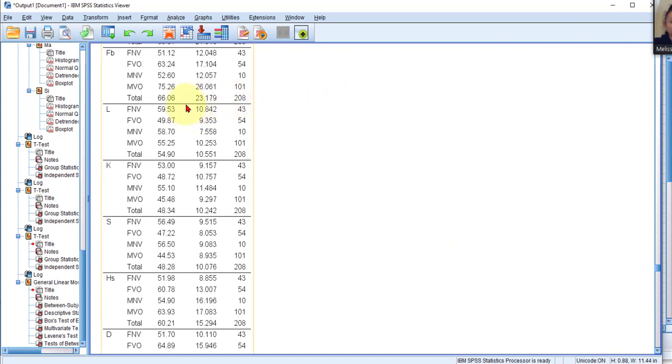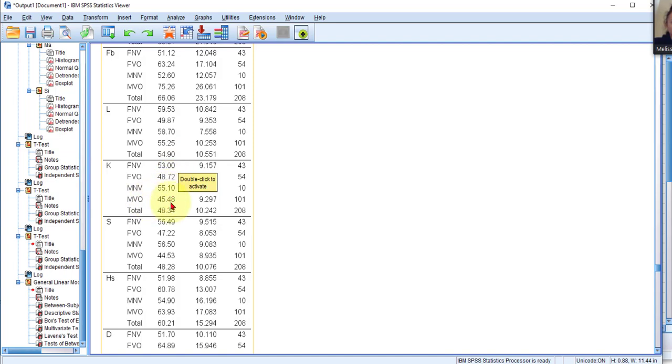L, no. So this one's a little bit different. It's probably measuring something different. So you got a low of 49 and a high of 59. So that's a difference of 10. That's significant. In fact, they're all significant already. We know that already. And then here you got a female nonviolent 53. No, I'm sorry, male nonviolent 55.